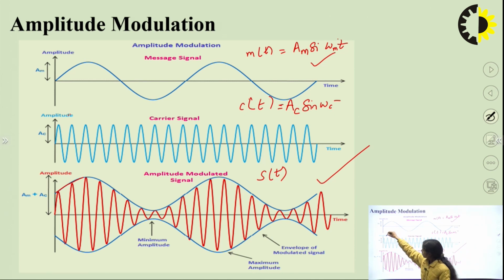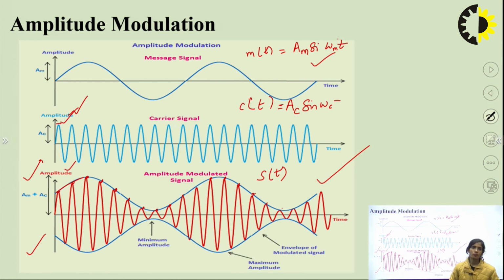Initially the amplitude of the carrier signal remains constant, but after superimposing the message signal on the carrier, we can see the amplitude of the carrier changes according to the message signal at each and every instant at which the message changes. In this way the message is overlapped with the carrier signal, on the positive side as well as the negative side, because the carrier has both positive and negative amplitude.